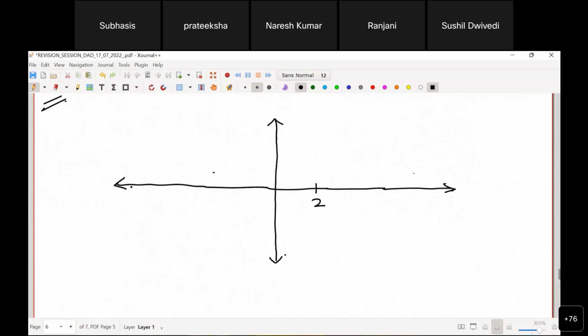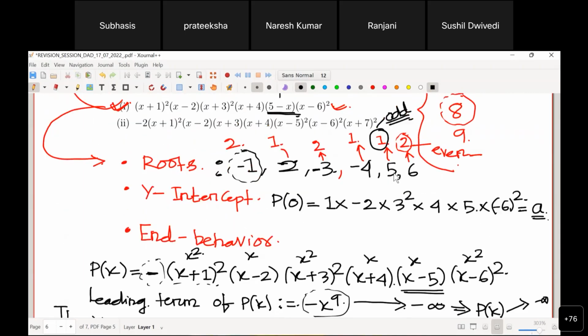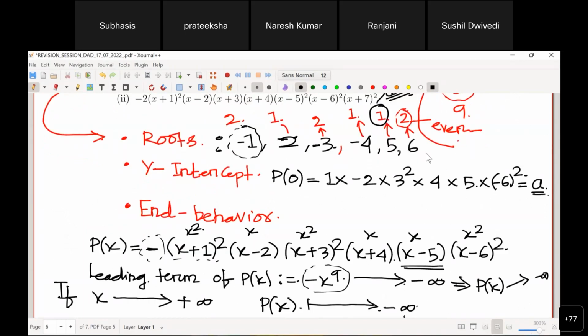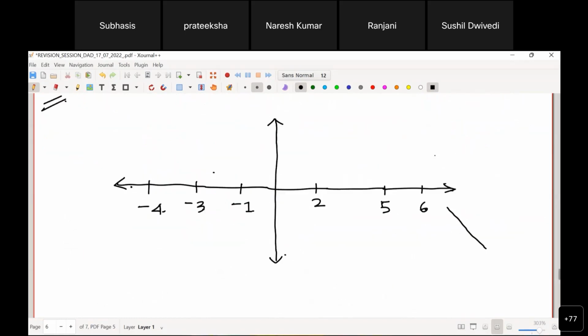The negative roots are -1, -3, -4. Again the same argument, it will come from this direction. And what is the multiplicity of 6? It is 2. It will come like this and bounce back.